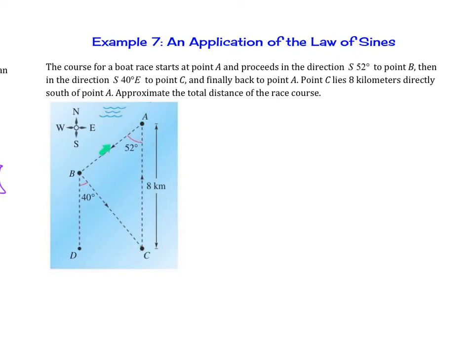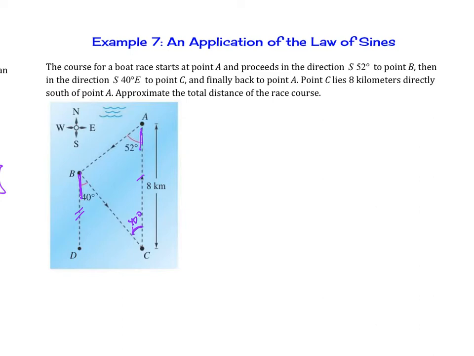So the total distance, we're looking for the perimeter, so we need to find out all the sides of this triangle. So one thing that we know is that we have these lines here. And what we know about these lines is that they are parallel. Okay, so knowing that they are parallel, it'll really help us out in finding other angles. So remember, if these are parallel lines cut by a transversal, then that tells us that this angle here, the alternate interior angle, is also 40 degrees.